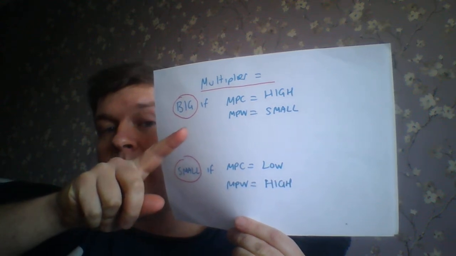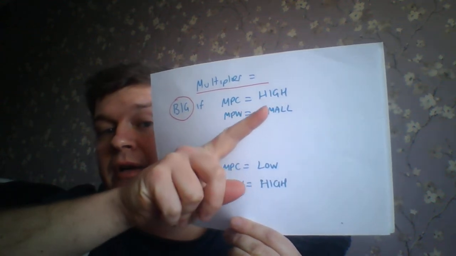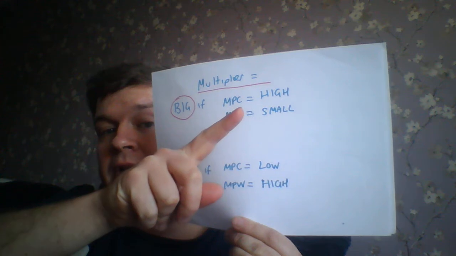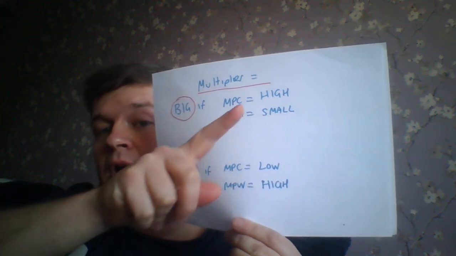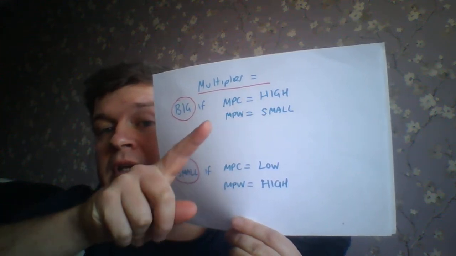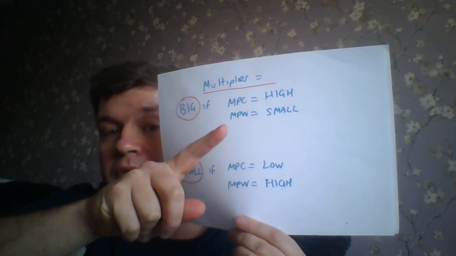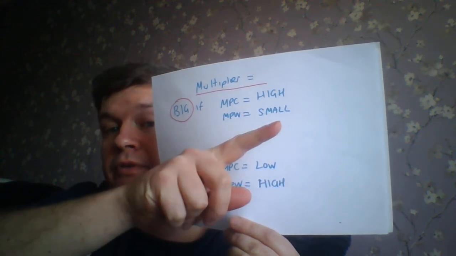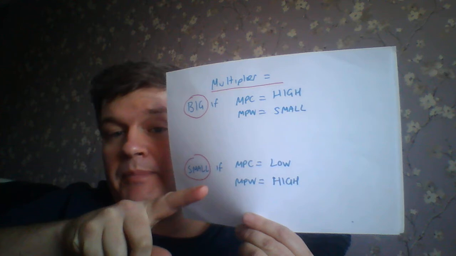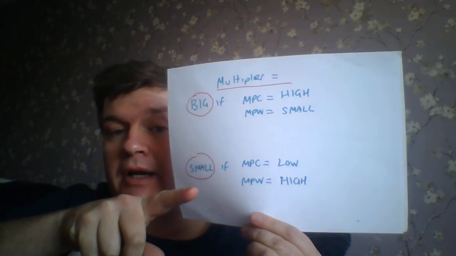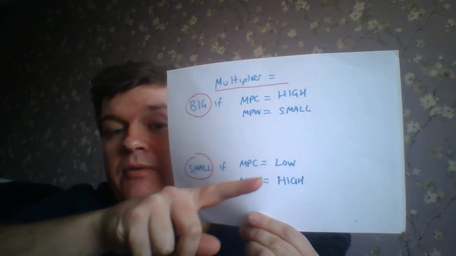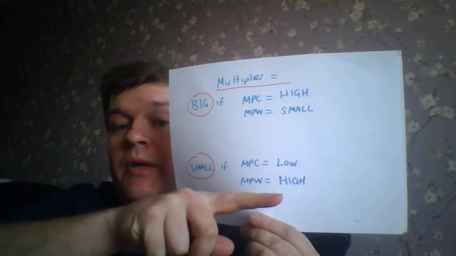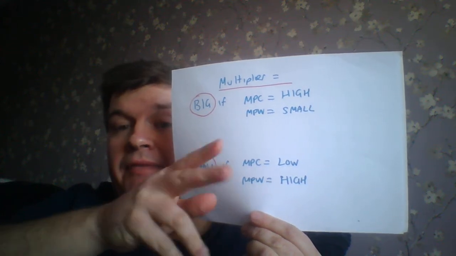Now, you're going to get a big multiplier when the MPC is high. So when people get additional income, they spend most of it on domestic goods and services. You're also going to get a big multiplier effect when the MPW is therefore small. Flip it round, you're going to get a small multiplier effect if the MPC is low, which means the MPW will be high.